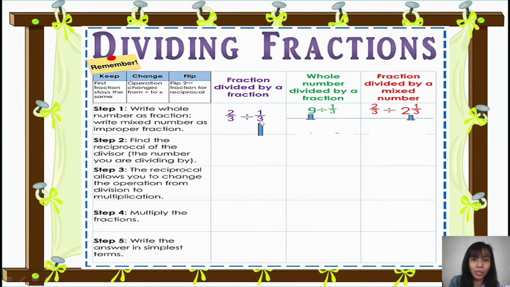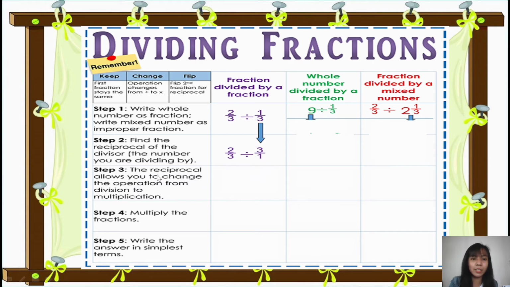Alright, 1 over 3 is the second number, or the divisor. So just copy the first one. You don't need to do anything in the first fraction. So just copy, then divide, and then the reciprocal of 1 over 3 becomes 3 over 1.